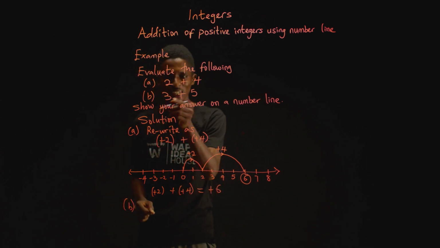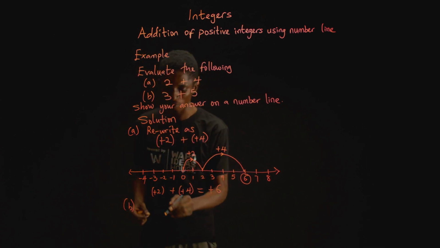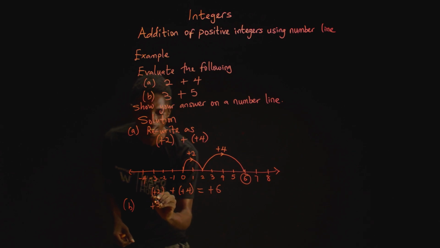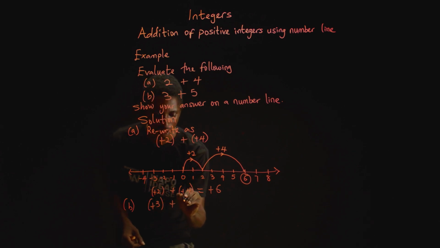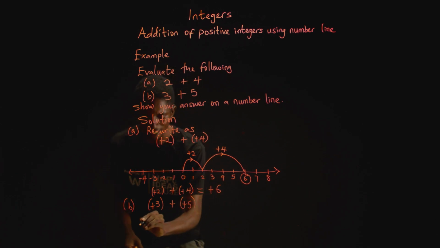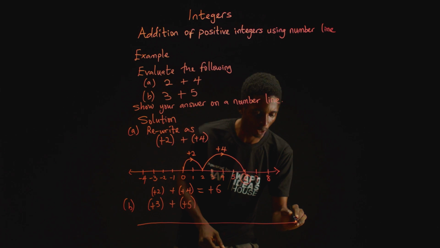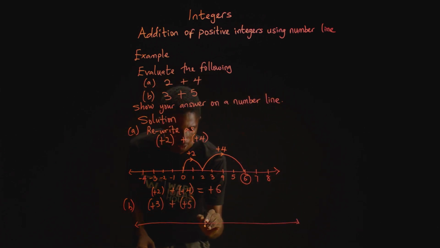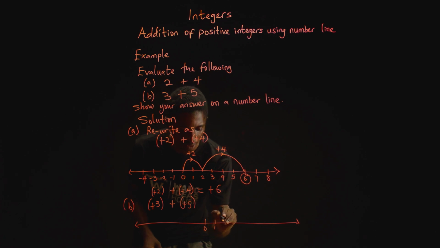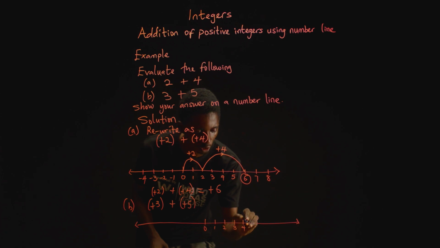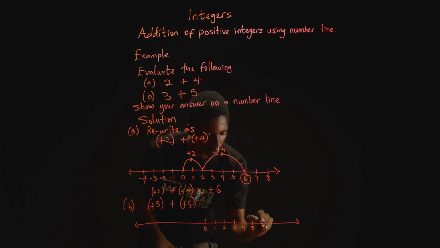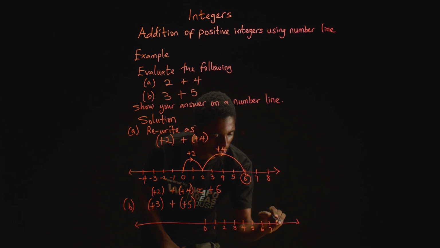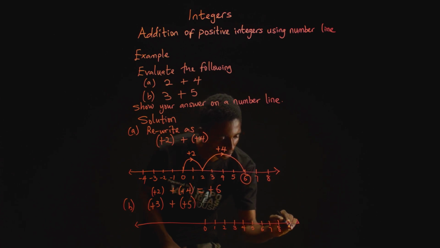Just as we did, write them in their positive form. That is plus 3 plus 5. And then you draw your number line. 0, 1, 2, 3, 4, 5, 6, 7, 8, 9.